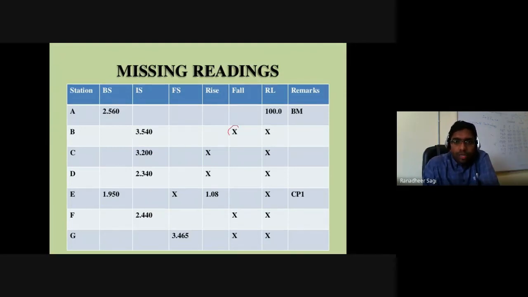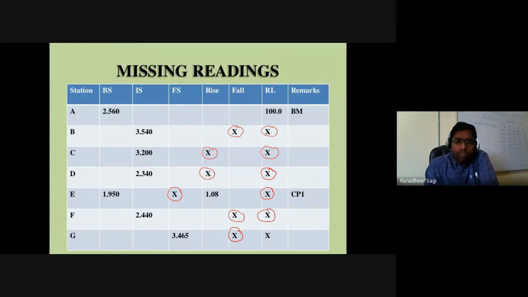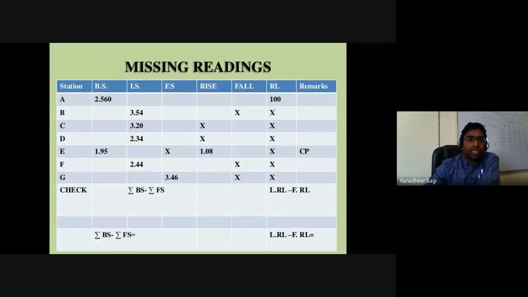The fall value at point B is missing, and subsequently the RL value at point B. The rise value at point C is missing, and subsequently the RL value at point C. The rise value at point D is missing, and the subsequent RL value at point D. And the foresight data of point E is missing, the subsequent RL value, the fall data of point F and the RL value of point F, and the fall value of point G and the subsequent RL value of point G. These entries are missing in my level book. So I want to fill those entries into that level book. So let's go on to fill that.